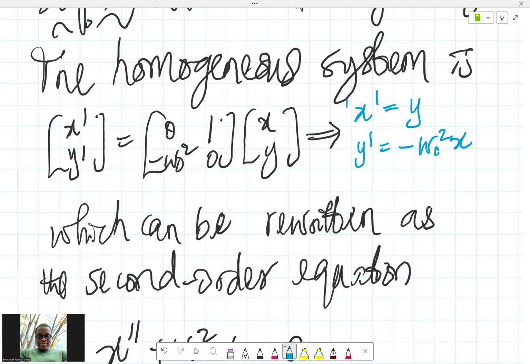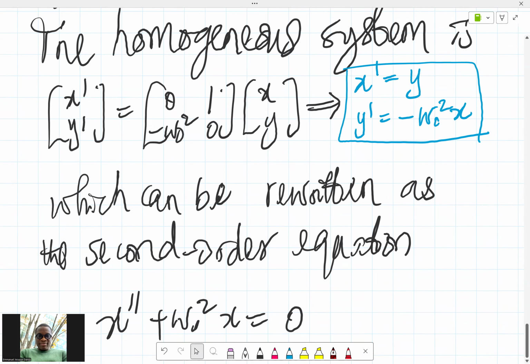So we can put everything back together and we have a second order differential equation, because we know that x prime prime is equal to y prime. X prime prime is equal to y prime, which is minus omega naught squared x.